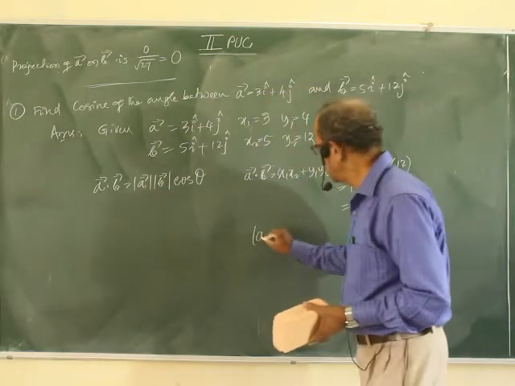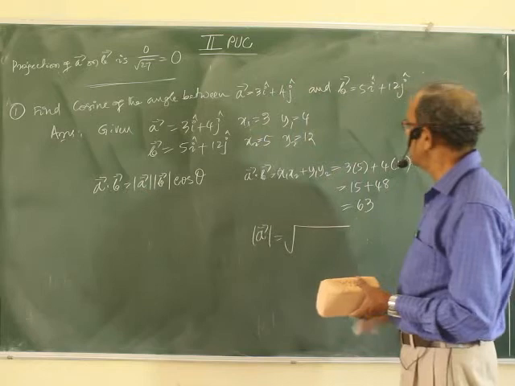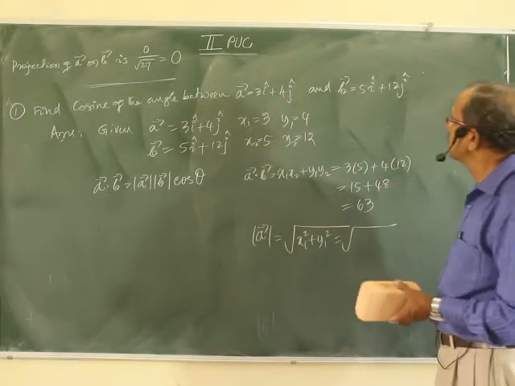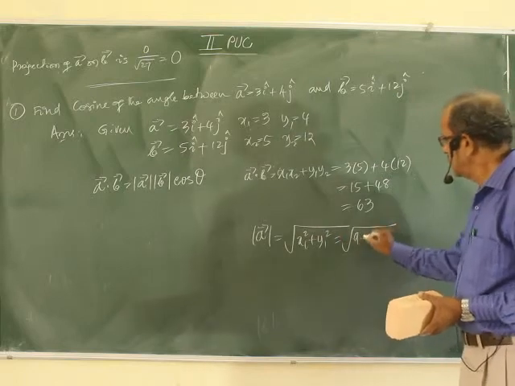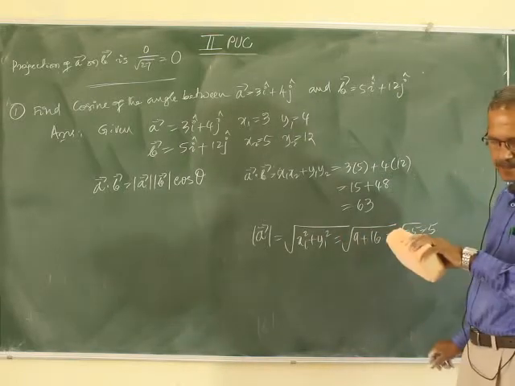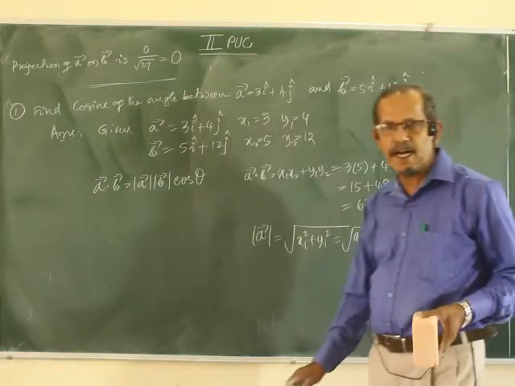Mod A is root of x1 square plus y1 square, root of 9 plus 16, root 25, 5. Right?